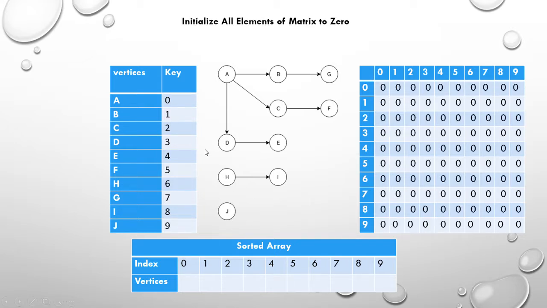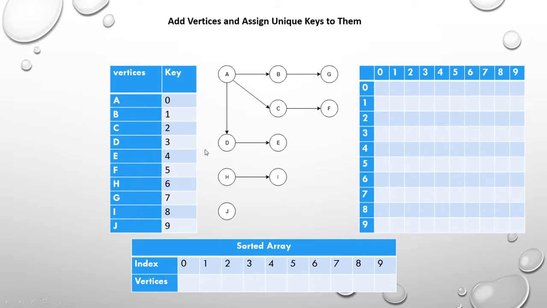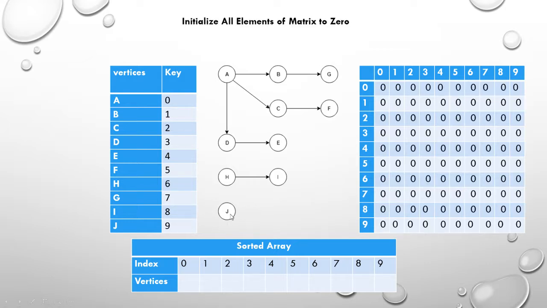For example, in our problem we are going to have someone like the CEO. The CEO won't be depending on anyone, so in that case our CEO will be something like J.